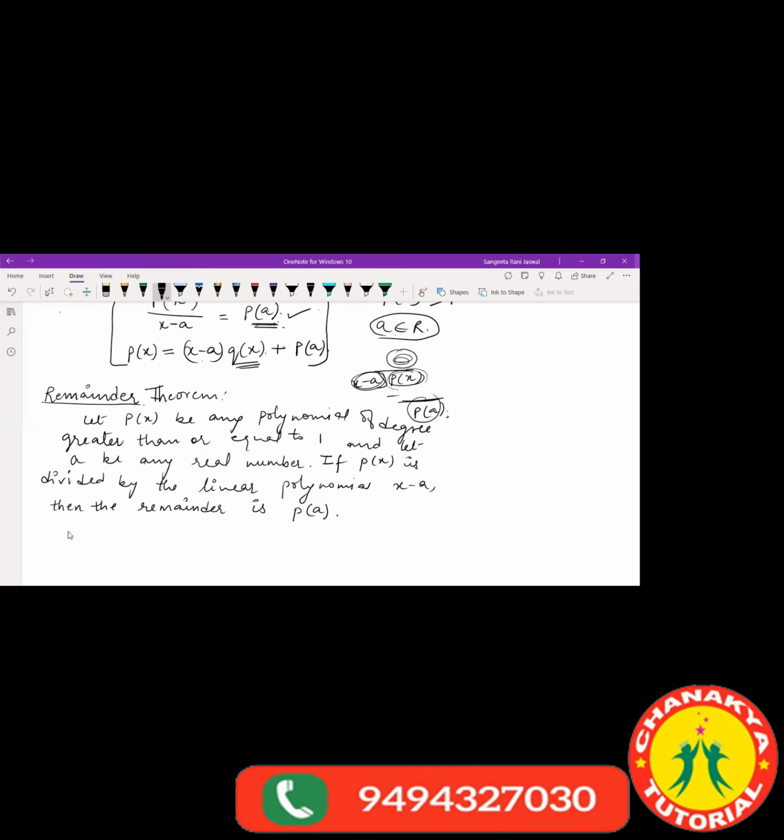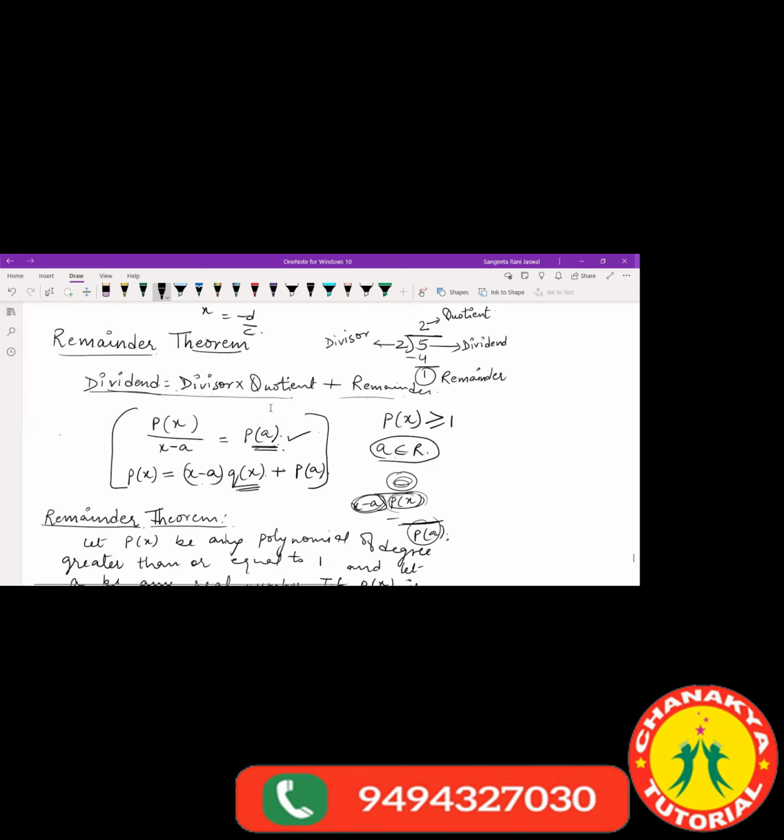Right, children? Now you have the statement of the remainder theorem and you have the explanation of the remainder theorem. ठीक है? What is remainder theorem? Now, अभी हमें remainder theorem कहना क्या चाहती है? ठीक है, it explained us कि we get this remainder. Then what do we do with this remainder? Now, remainder theorem हमें ये कहना चाह रही है कि we can find the remainder of anything.